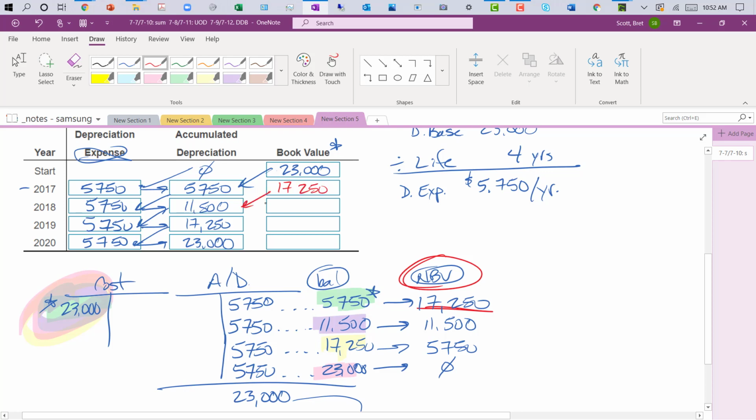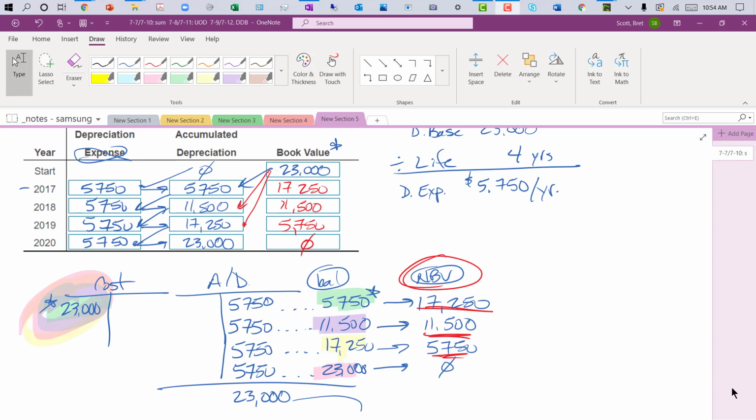Subtract off what's now the balance. It's the cost. Excuse me. Now it's cost minus 11,500. So that's 11,500. Now it's cost minus 17,250. So 5,750. And it ends up at 0. That's straight line depreciation. Now let's take a look at the units of production method.